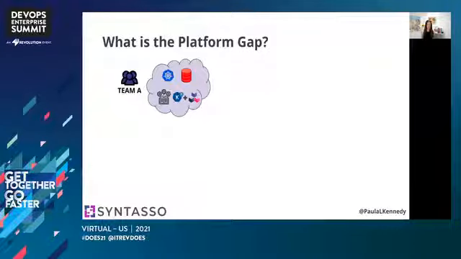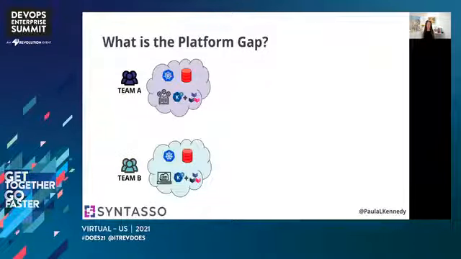Now, if you're a slightly bigger team, maybe you've got a separate Team B. Team B might be responsible for a mortgage calculator. And let's say that their stack is similar to Team A, but in this case, they have a CRM tool as part of the stack.